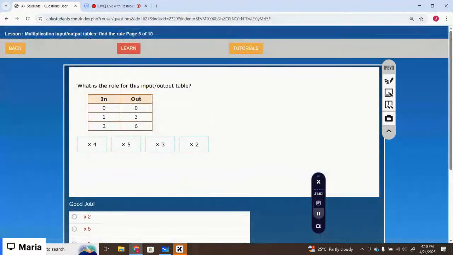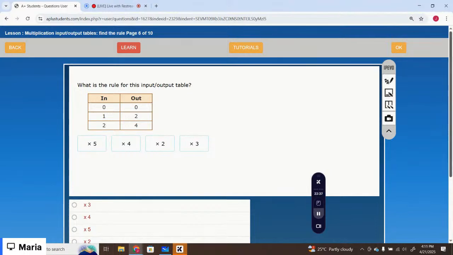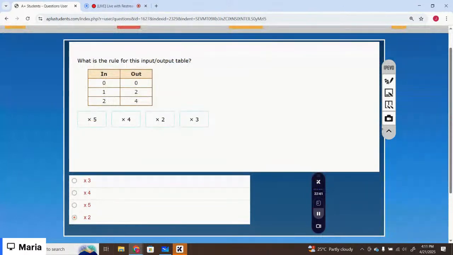So the correct option is 3. What is the rule for the input output table? The last option is the correct option, that is 2.